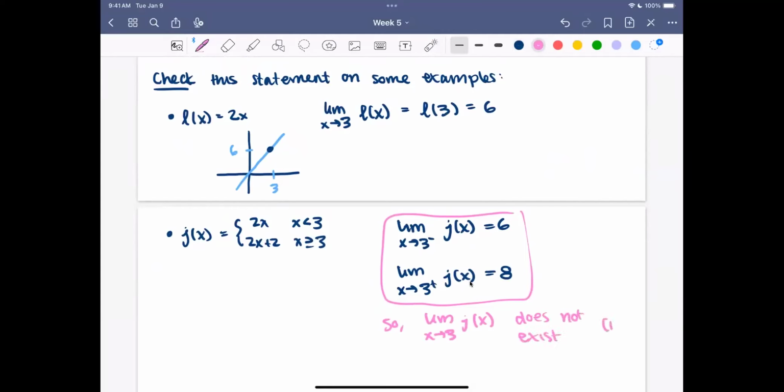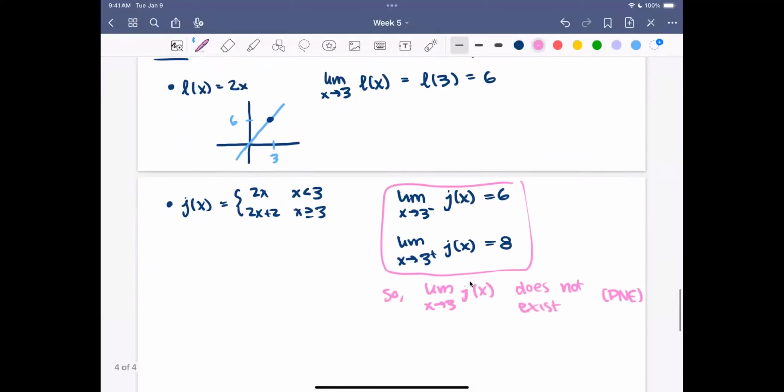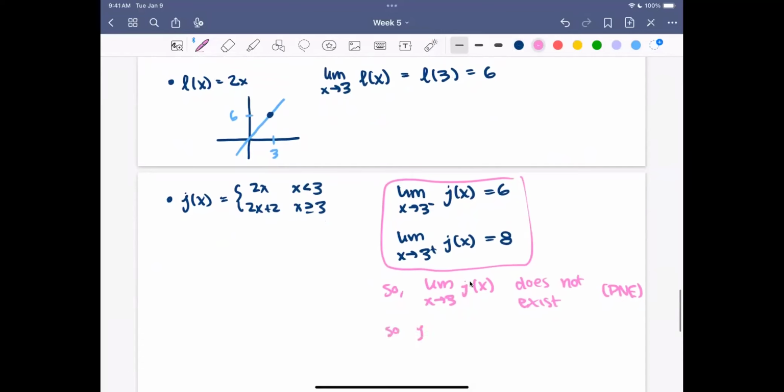You can write DNE, which is what people do a lot of the time. So this limit does not exist, and so j of x is not continuous at x equals 3, which we had previously verified directly from the definition of continuity and collapsing collections.